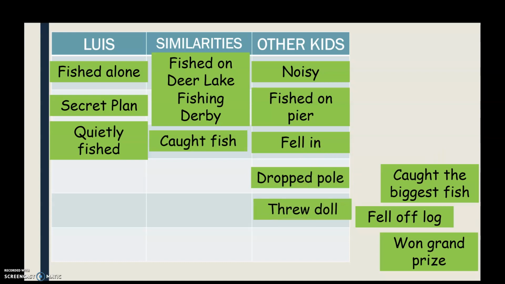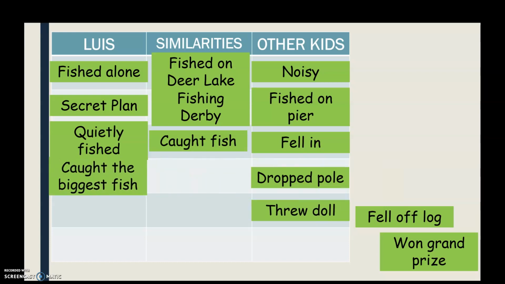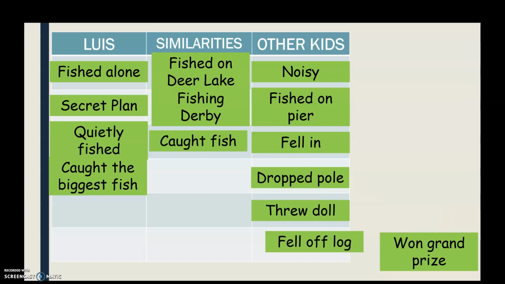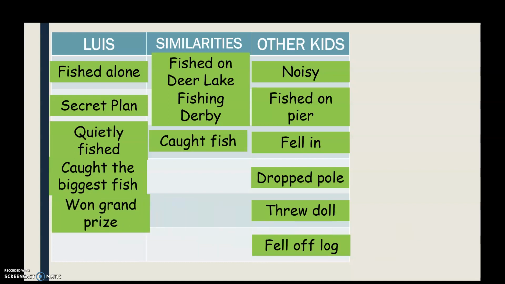Yeah, the other kids did this. Who caught the biggest fish? You are right. Luis did. Who fell off a log? Right. The other kids did, but not Luis. And lastly, who won the grand prize? Correct. Luis's secret plan must have paid off.